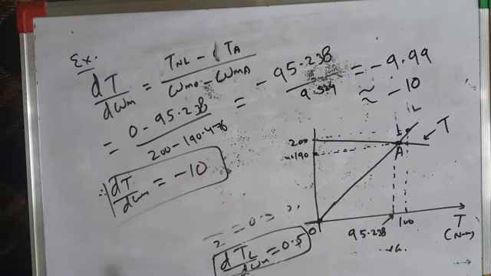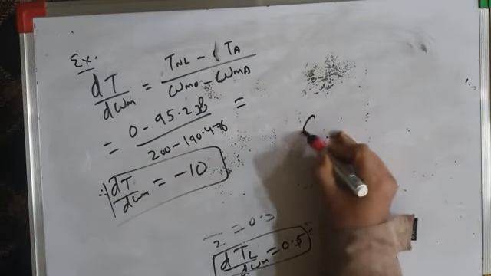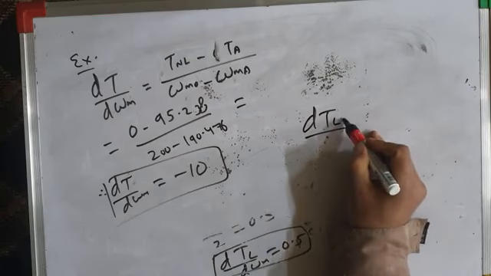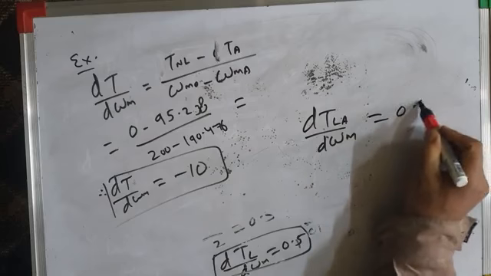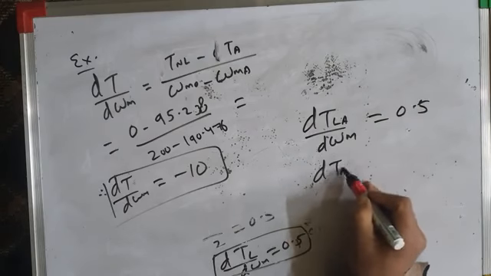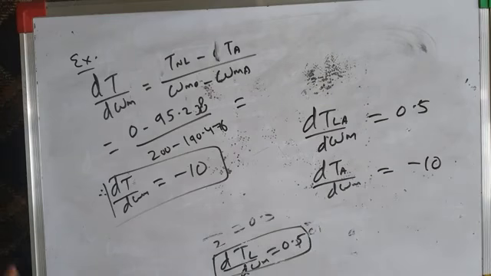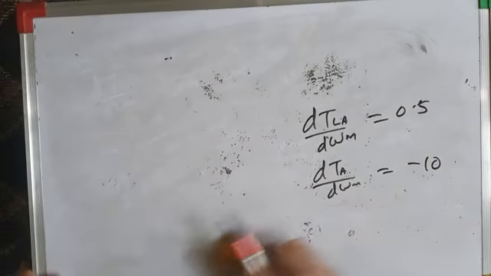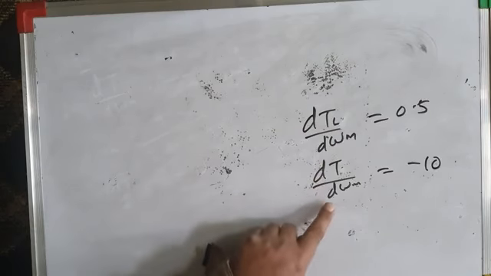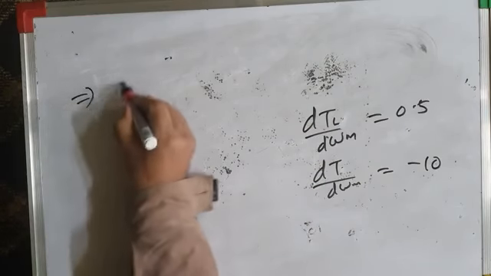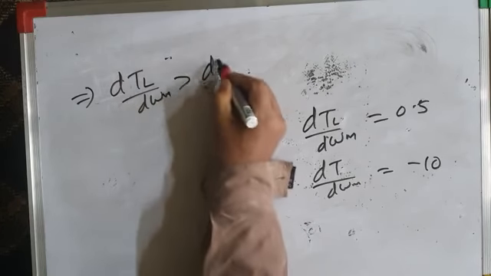This is dTL by d omega m. So therefore, at A, dTL by d omega m is equal to 0.5, and dT by d omega m is equal to minus 10. So clearly dTL by d omega m is greater than dT by d omega m.